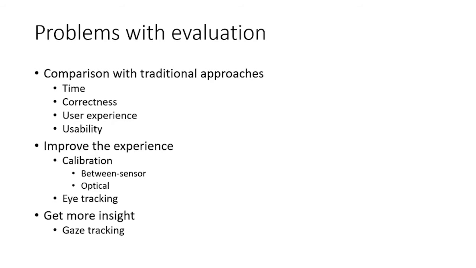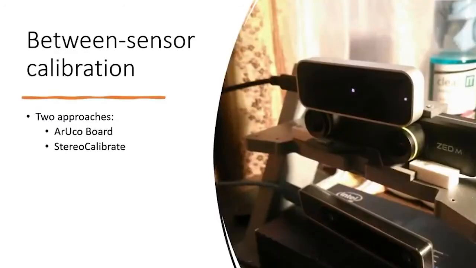The eye tracking is also quite useful for gaze tracking because I can get more insight into why an approach was worse or which particular area had poor performance. So these are the reasons why calibration, eye tracking and gaze tracking are so important for me.